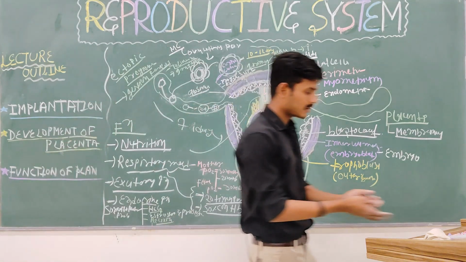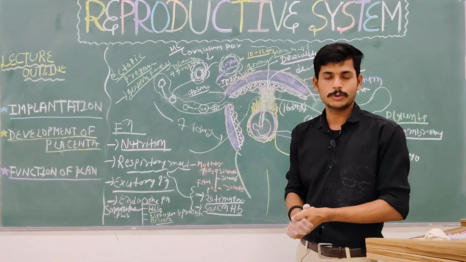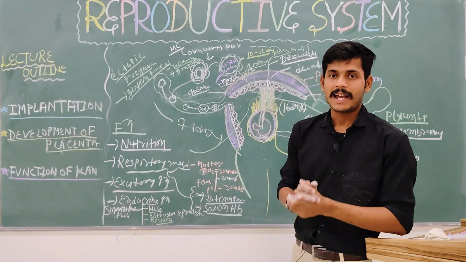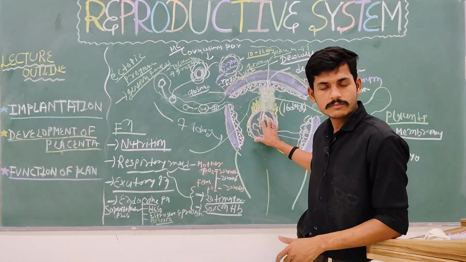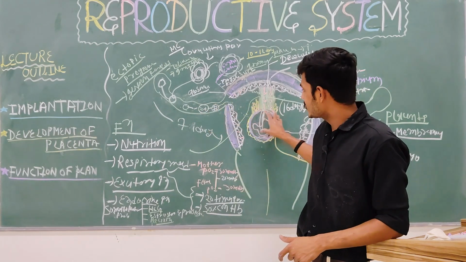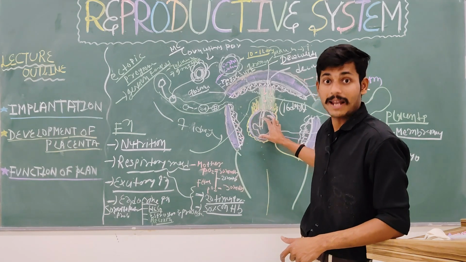Now let's summarize what we studied. After the formation of gametes, there will be fertilization, and after 7 days of fertilization, there will be attachment of the modified zygote, that is referred to as a blastocyst.